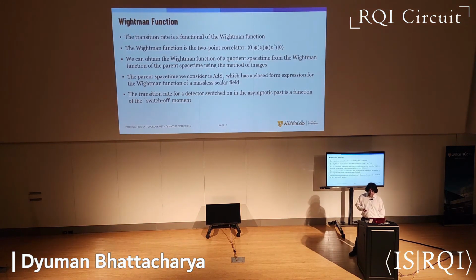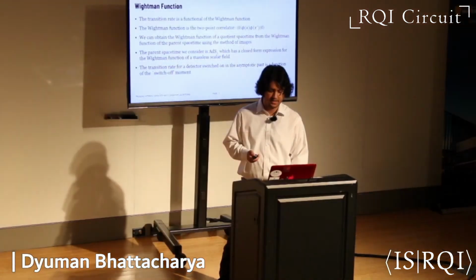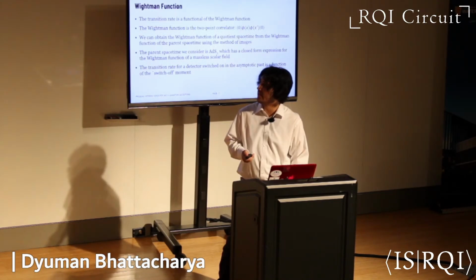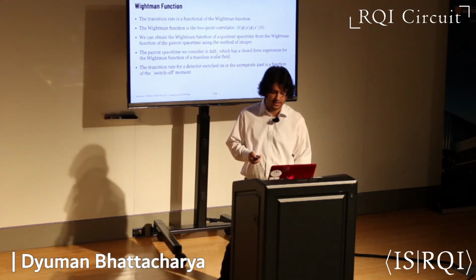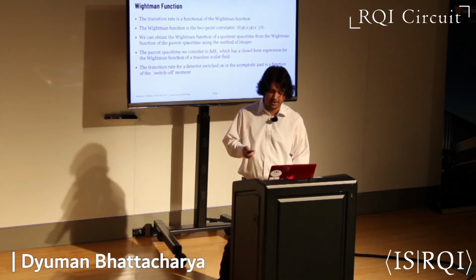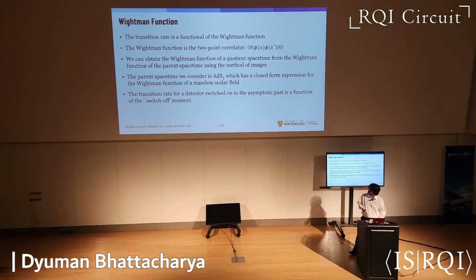So the transition rate is a functional of the Wightman function, which is the two-point correlator of the scalar field we work with. We'll obtain the Wightman function of the quotient spacetime from a parent spacetime using the method of images, so an infinite image sum.